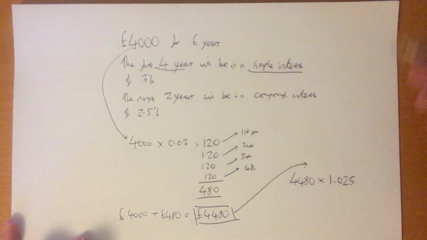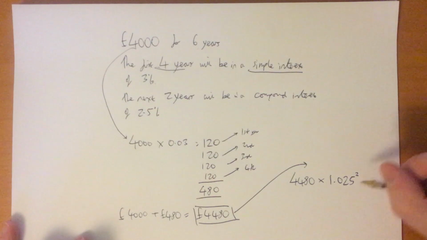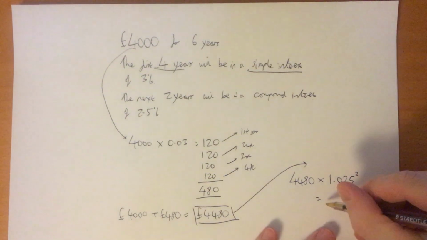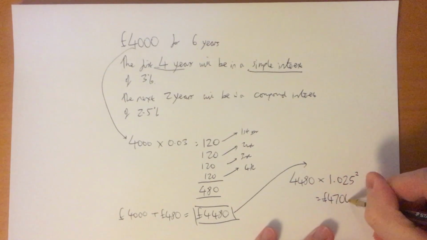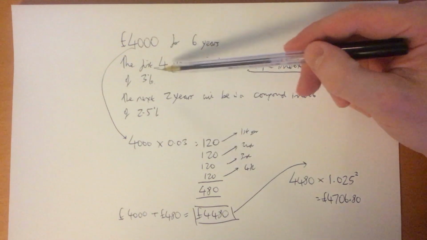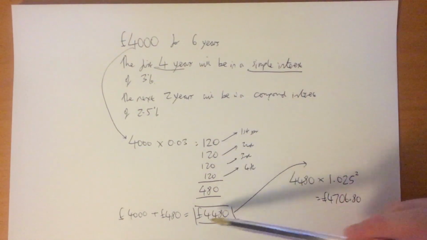And then for 2 years more, to the power of 2. And that would equal, let me type it in my calculator, 4,480 times 1.025 to the power of 2 for 2 years is 4,706.80.